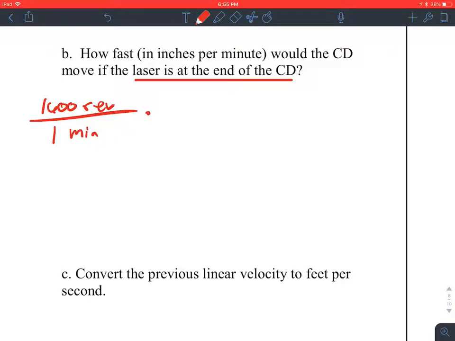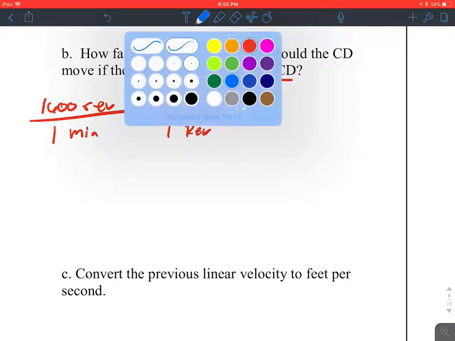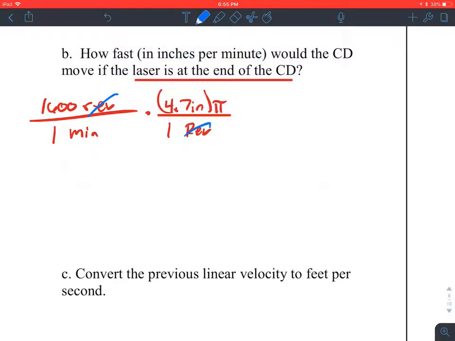To get it into inches, we're going to multiply by 1 in the form of the circumference over 1 revolution. The circumference is going to be 4.7 inches times pi. Revolutions cancel. This ends up being 7,520 pi inches per minute.